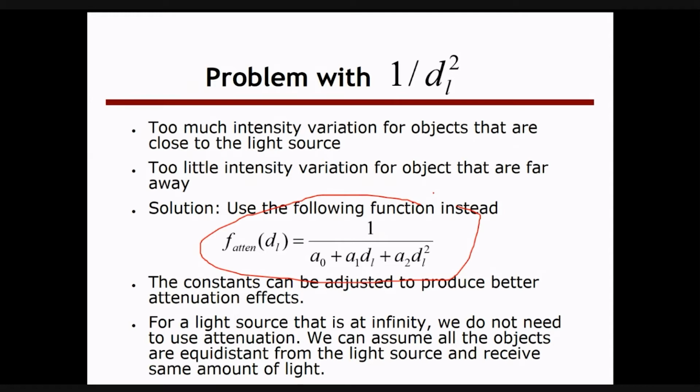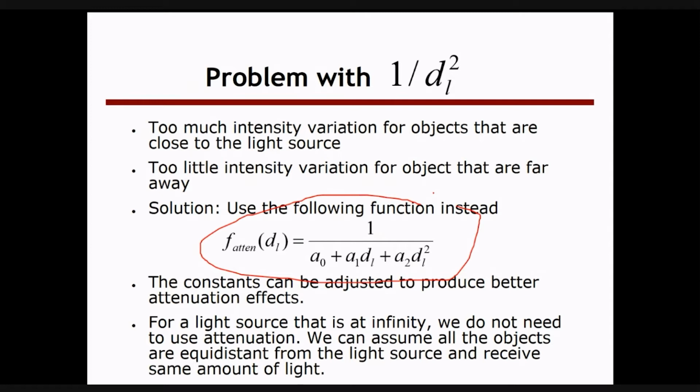If you give constants according to your requirement, it helps you to adjust the scenario, the things that you want to display, to produce better attenuation effects. At the end, when I say attenuation effect, this should come to your mind: based on its position relative to the light source, we are getting multiple intensities. So we are trying to adjust this so that everything looks a bit more realistic.